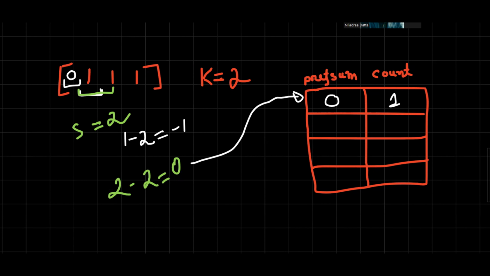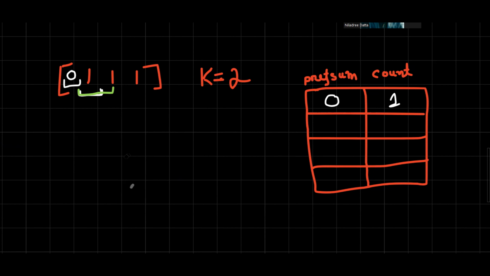Now again, let us try to understand the algorithm using these examples. Here, suppose for the first element, the prefix sum will be 1. So now we have to determine whether the value of 1 minus 2, which is sum minus k, is presented in the prefix sum array or not.